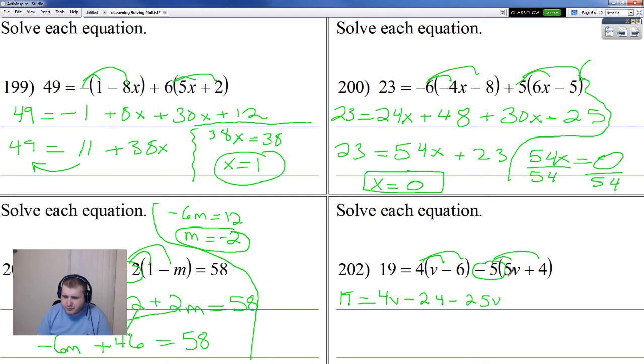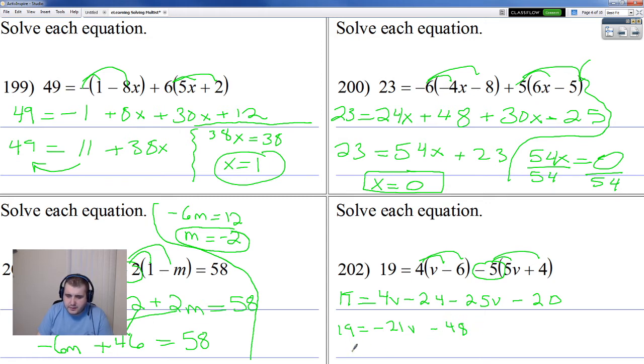Negative 5 times 5 is negative 25. Negative 5 times 4 is negative 20. And so we go through and we combine all of our like terms. We get 19 equals negative 21v minus 48.